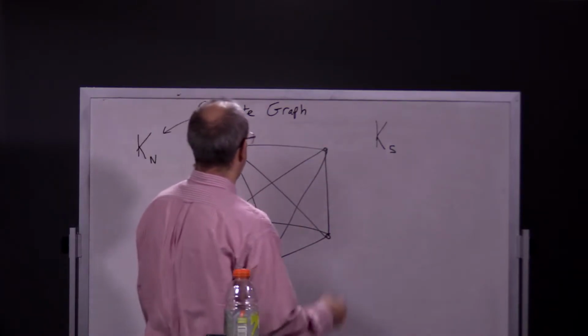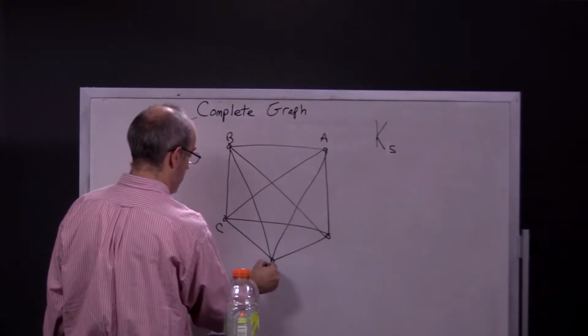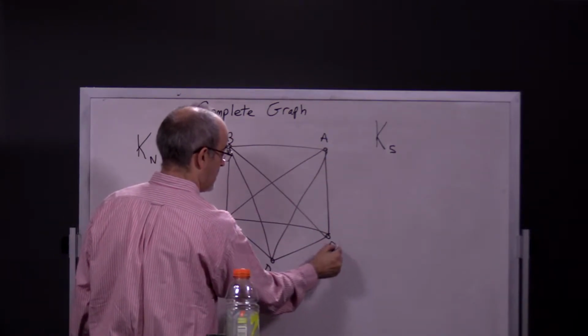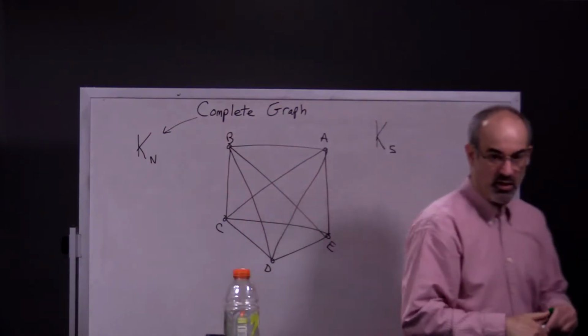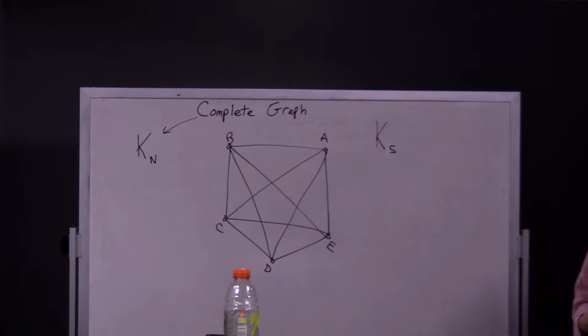So that's K5. Every vertex has an edge going from it to every other vertex. You can see that, yeah, when you get higher numbers, it'll be really hard to draw.